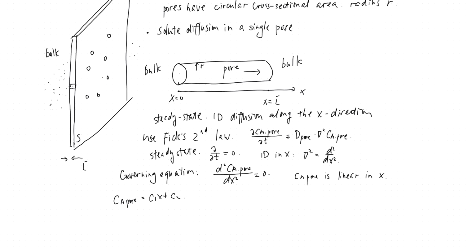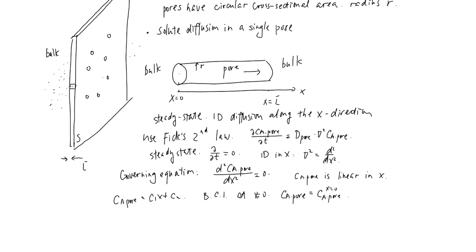Now the boundary conditions refer to what happens within the pore. For boundary condition BC1, at x equal to 0, we say CA in the pore equals CA in the pore evaluated at x equal to 0. You may wonder, what does that mean?